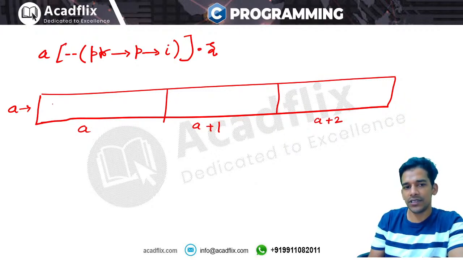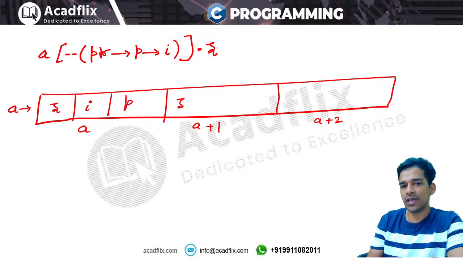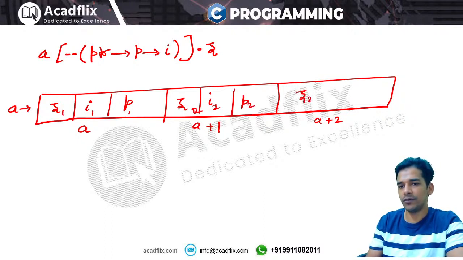So first this is having the z, this is having i and this is having p, right. And then it is also having z1 i1 p1, then we have z2 i2 p2, है ना.